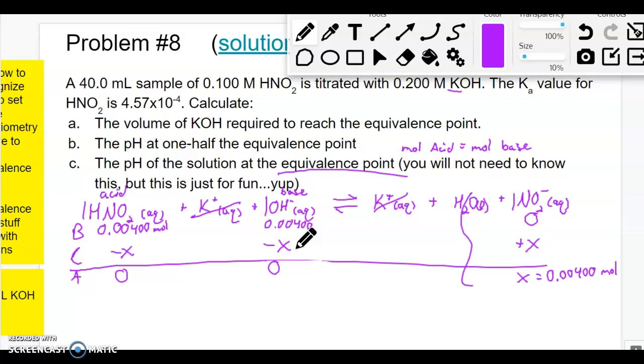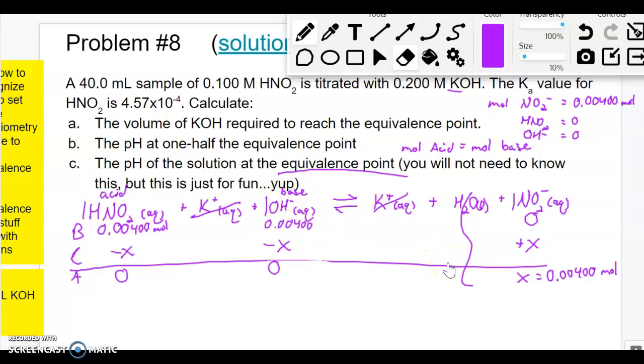So that's going to be one of the key things: our moles of NO2 minus is equal to 0.00400, and our moles of HNO2 is equal to 0, and our moles of OH minus are equal to 0. Okay? So that's kind of like what we're going to start with in our next part.